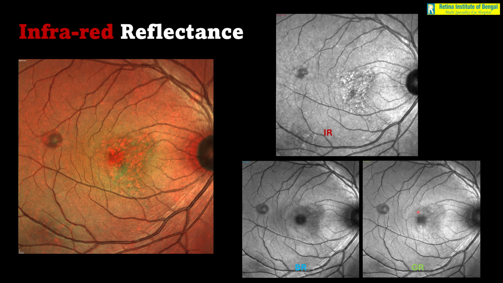It's only from the green reflectance image that you can start making out there is some pathology, but it is the infrared reflectance image, which is from the outer retina, that you can clearly make out the extent of the RP atrophy and the severity of the RP atrophy.